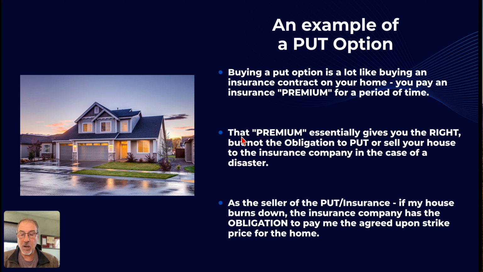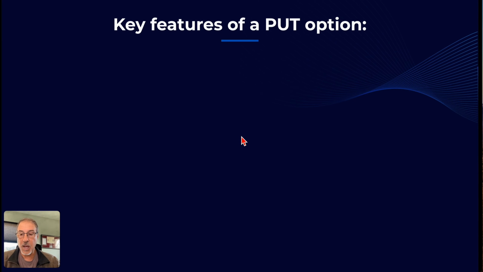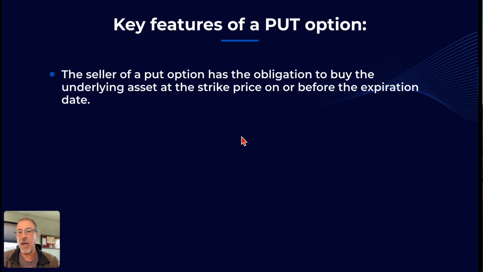As the seller of the put, or insurance in this case, if my house burns down, or is wiped out in an earthquake, whatever, the insurance company has the obligation to pay me the agreed upon price, which in the case of an option is called the strike price. They have an obligation to pay me the agreed upon price for my home during the period of time that I hold that insurance contract or that option.